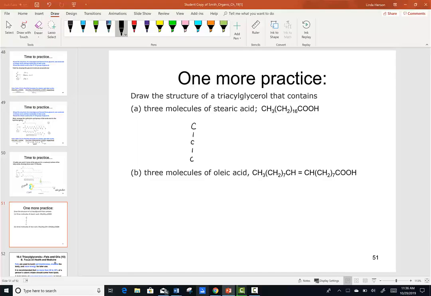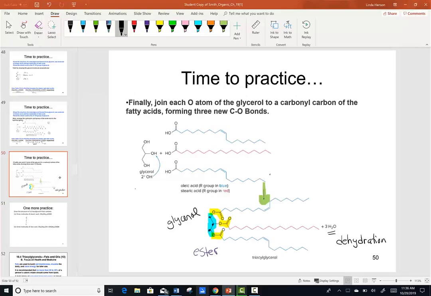And I understand glycerol had the site of the OH group. Just to remind ourselves, glycerol is 3 carbons, and coming off of each of those carbons is an OH. Remember that as we link these together, we form an ester conformation.